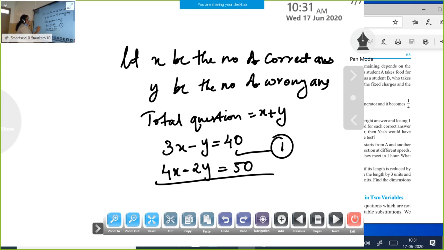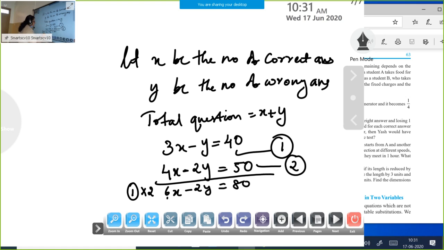Okay. Then using the elimination method or substitution method, which method do you like? Multiply equation 1 by 2, to convert the y term into the same form: 6x minus 2y is equal to 80.